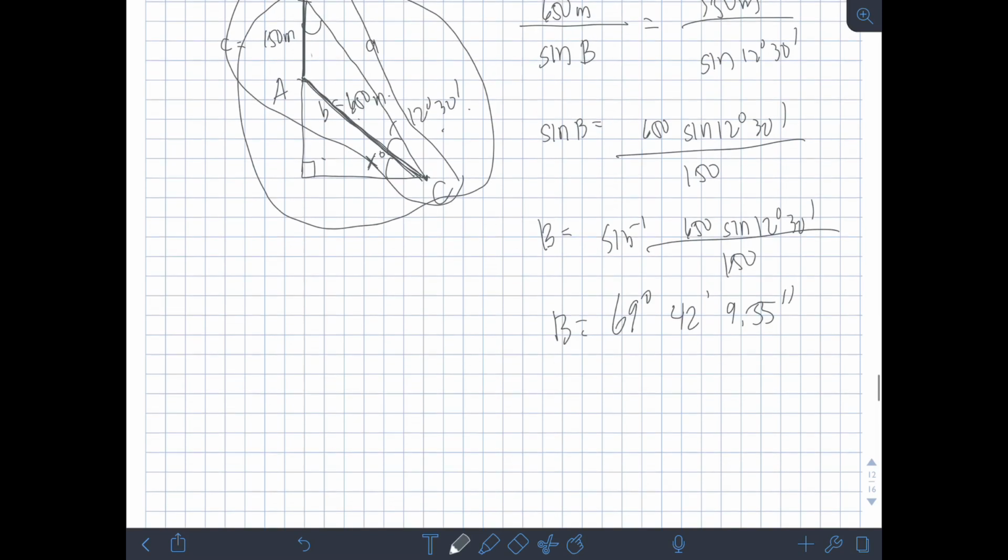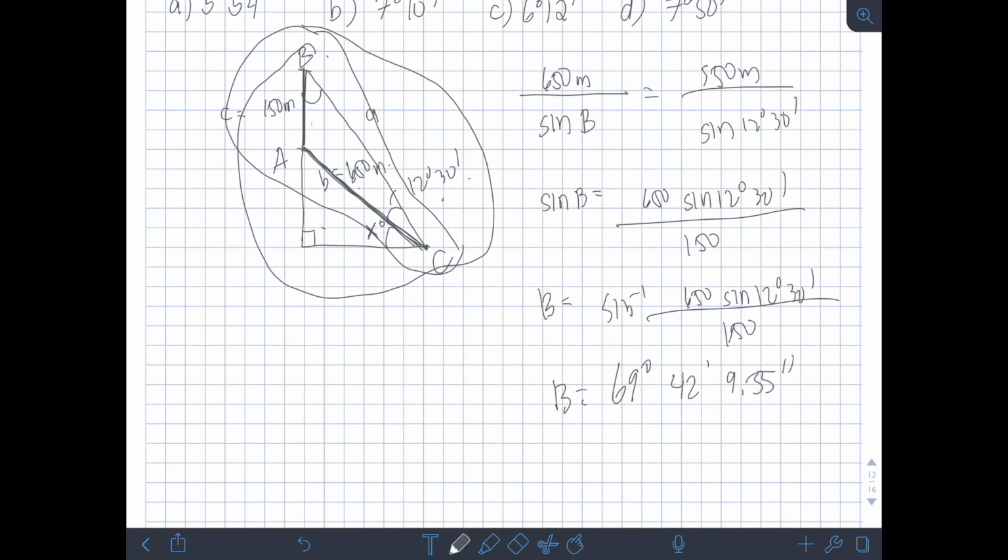Okay, so, meron tayong angle B. So, masasolve na natin si angle X. How? So, diba, 180 degree minus yung sum ng angle B plus yung sum nung itong 12 degree and 30 minutes tsaka itong right angle na 90 degree.